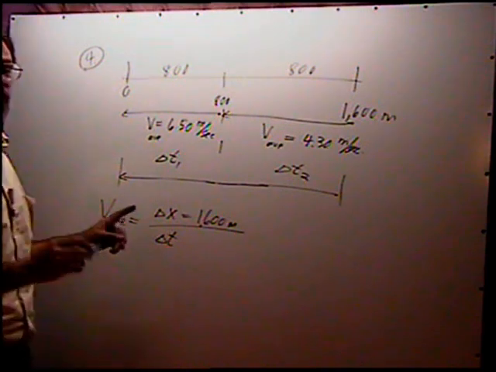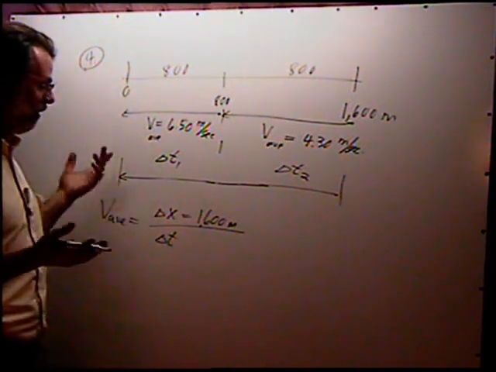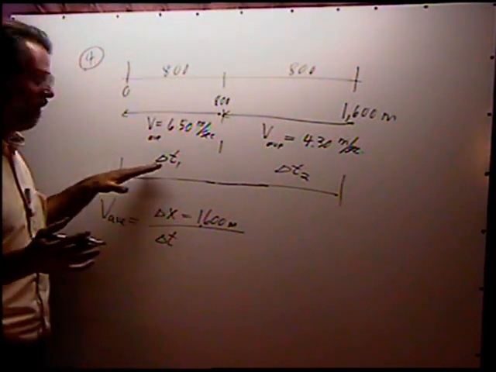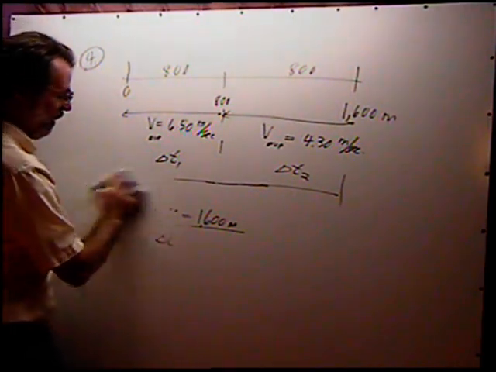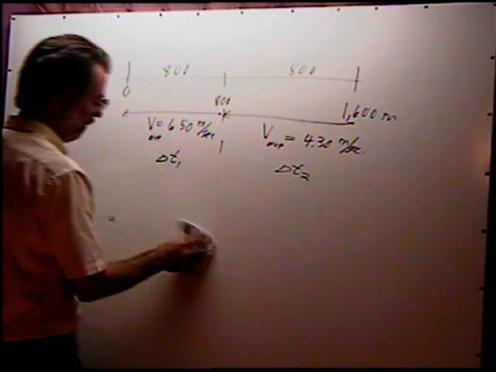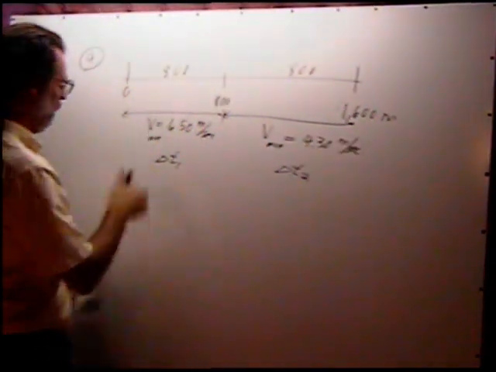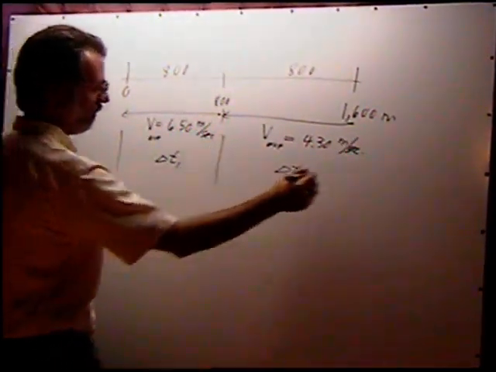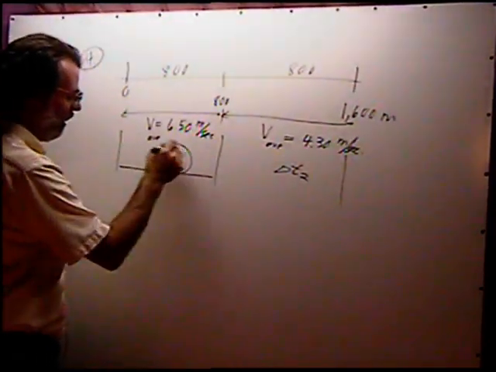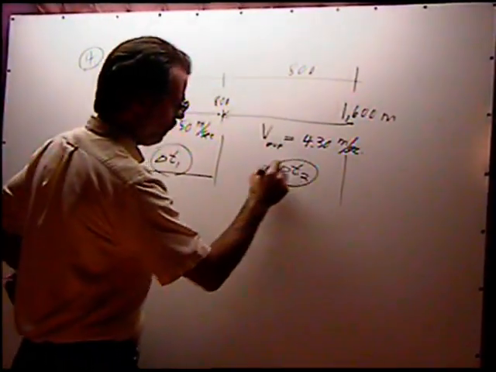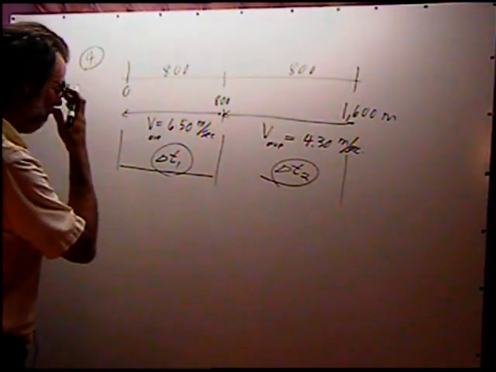The problem is we don't know what the total time is. So we really need to find the total time. First we break it up into 2 parts. We have to figure out T1, then T2, then add them together.